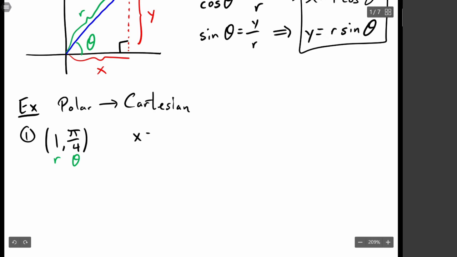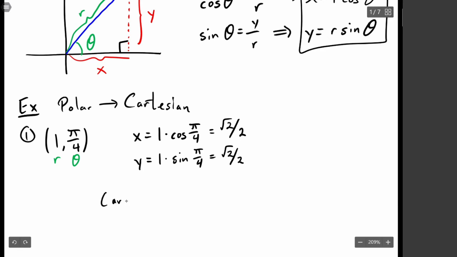So x is going to be 1 times cosine of pi over 4. y is going to be 1 times sine of pi over 4. Do the math and you'll get root 2 over 2 for both. So in Cartesian, this point has coordinates root 2 over 2, comma, root 2 over 2.